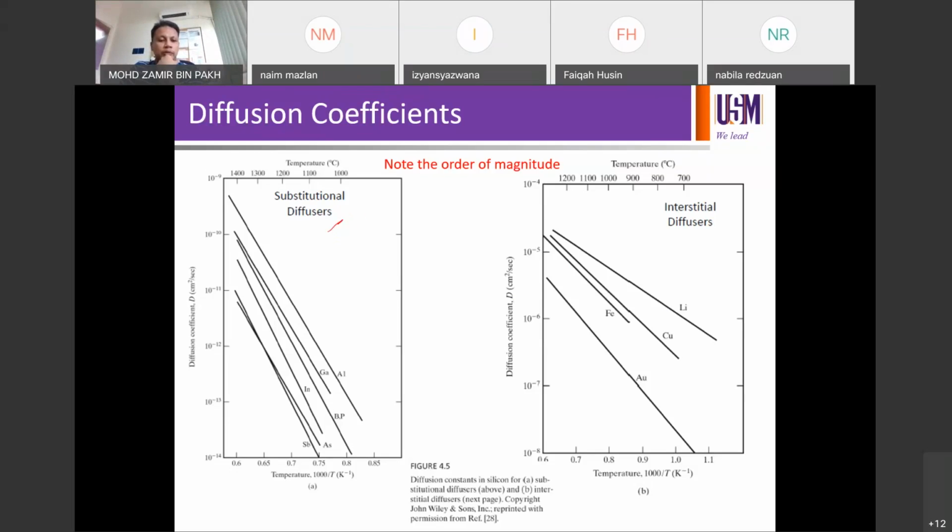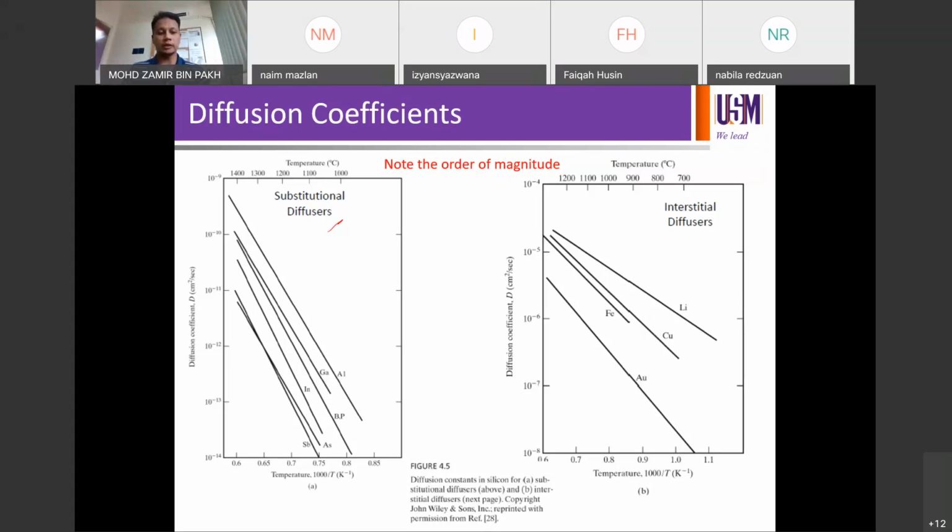indium, and antimony. You can see the diffusivity or diffusion coefficient values on the y-axis against temperature on the x-axis. If you increase the temperature, you can see that the diffusivity also increases. Note that the x-axis of the curve is flipped.